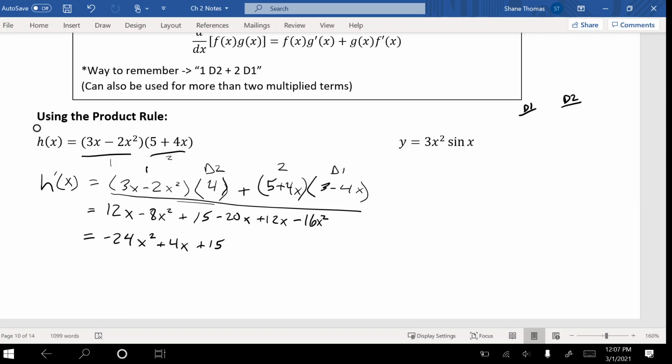You can do that if you find it easier. We can do it here just for this problem, so we did it both ways. Here's the first term, here's the second term. What's the derivative of 3x squared? 6x. What's the derivative of sine of x?